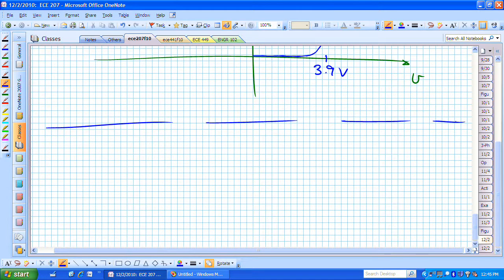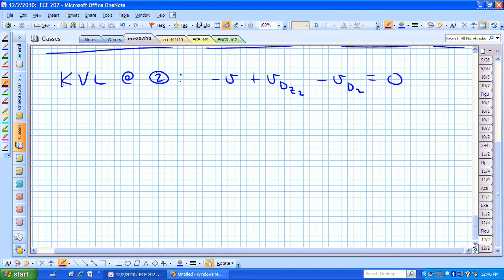If we look at this KVL at 2, we have minus V plus V sub D sub Z sub 2 minus V sub D sub 2 equaling 0. If we solve that for V sub D sub 2, that's going to be minus V plus V sub D sub Z sub 2.